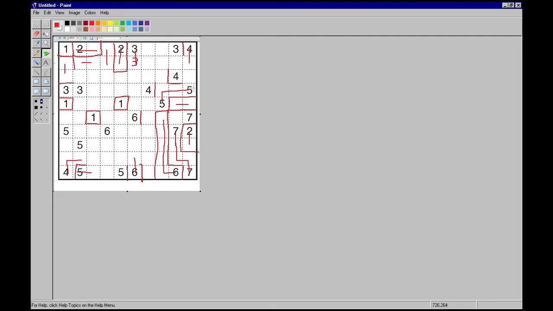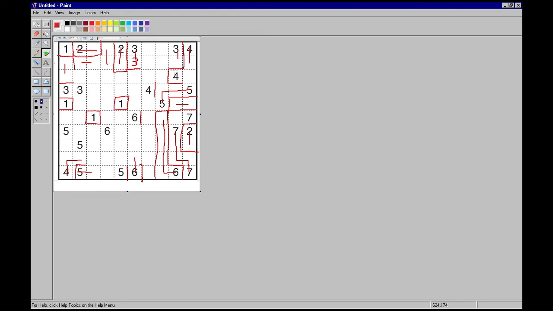Trying to remember what I did next. The 3 can't go down here because this vertex is odd. Same deduction we did here. So now this 3 can't be cut off from the bottom, because then that would be impossible.